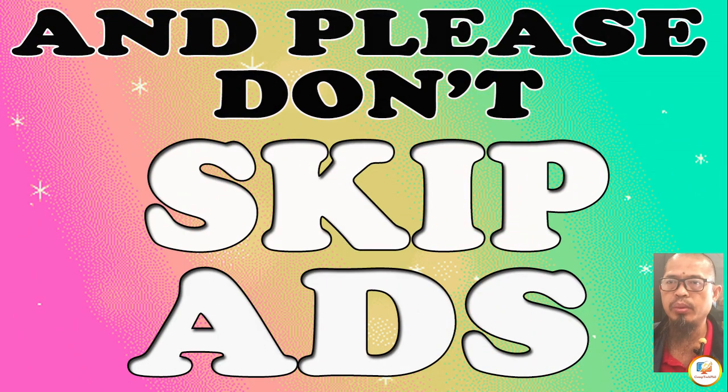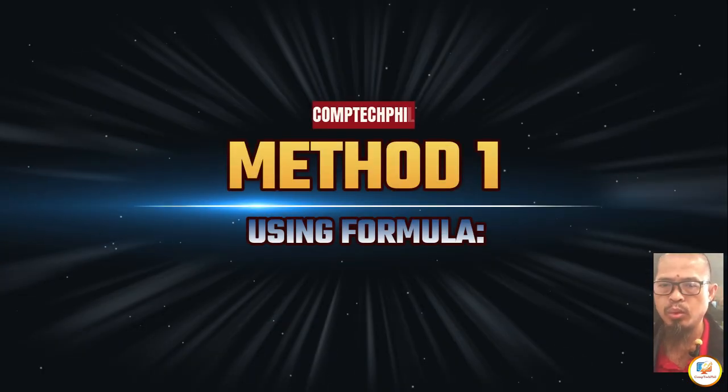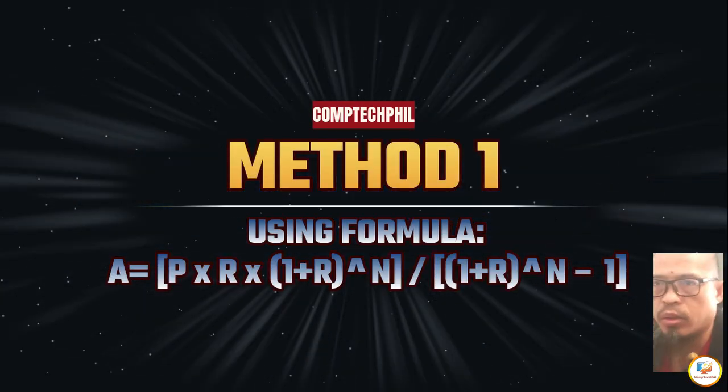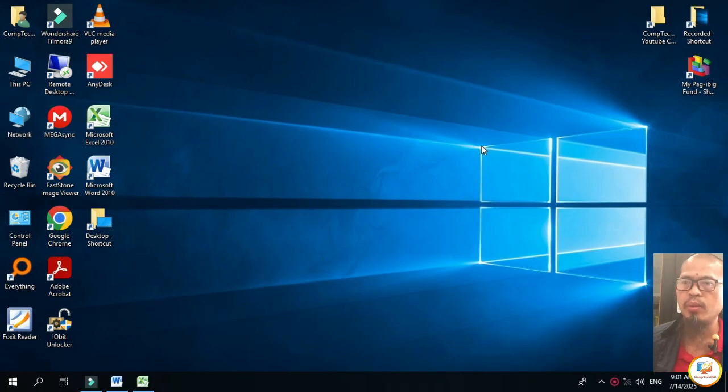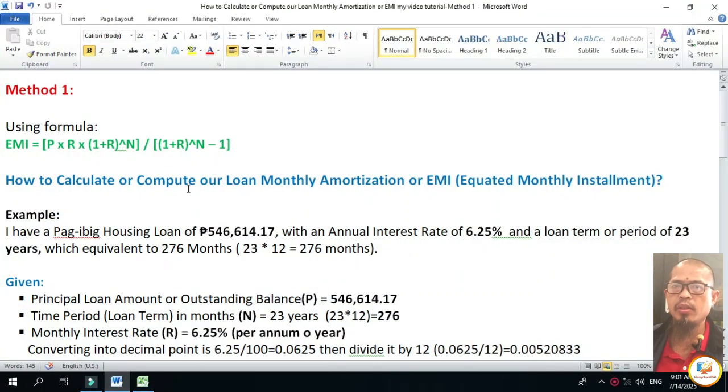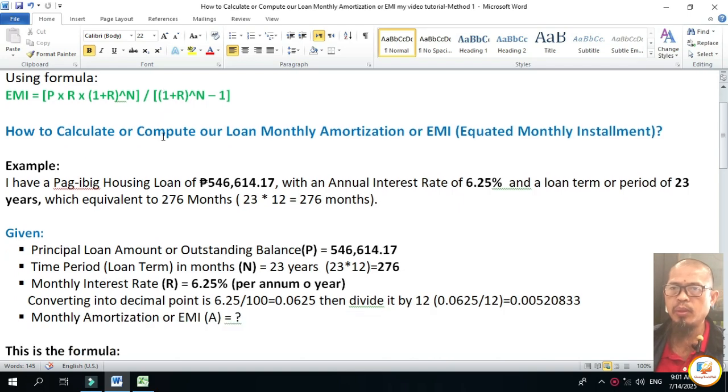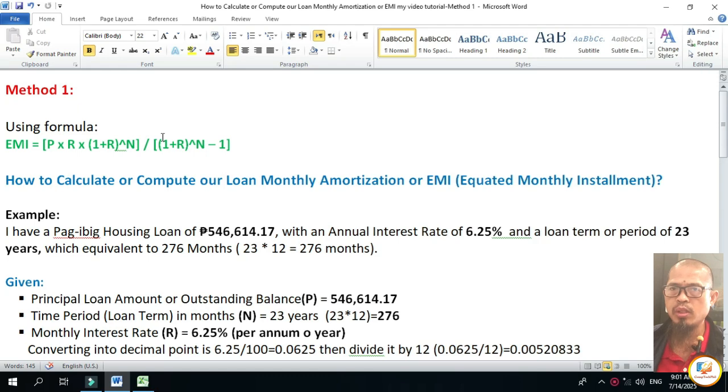Okay guys, let's start on how to compute or calculate the monthly amortization of our housing or car loan. First we're going to use method 1, and after this we're going to use method 2. So, how do we compute our loan monthly amortization or EMI, equated monthly installment?